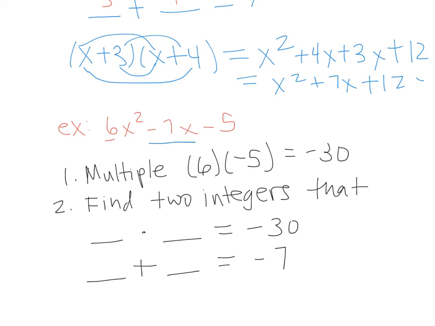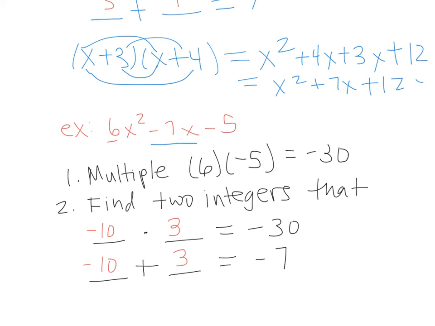Well, that doesn't add up to negative 7. We could do negative 6 times 5. That doesn't add up to negative 7. We could do 10 times 3. That adds up, or I'm sorry, 10 times negative 3. That is a positive 7, but we want a negative 7. So if we put in a negative 10 and a positive 3, that's going to satisfy both of those conditions.